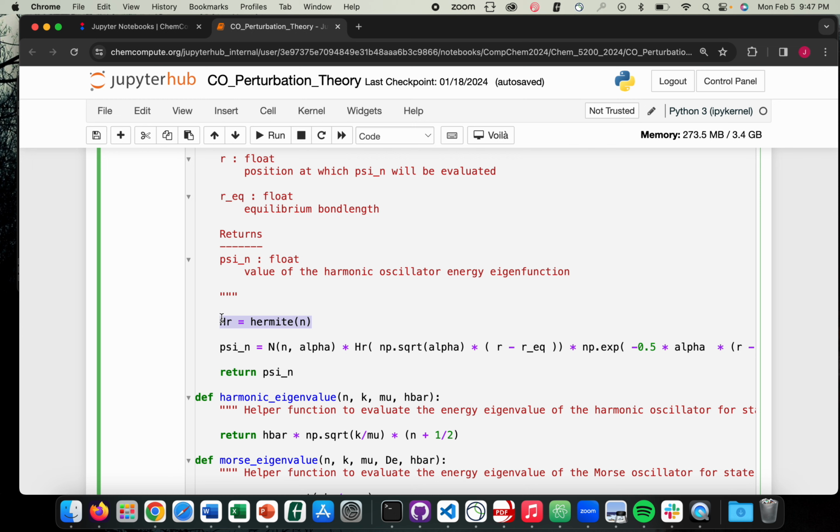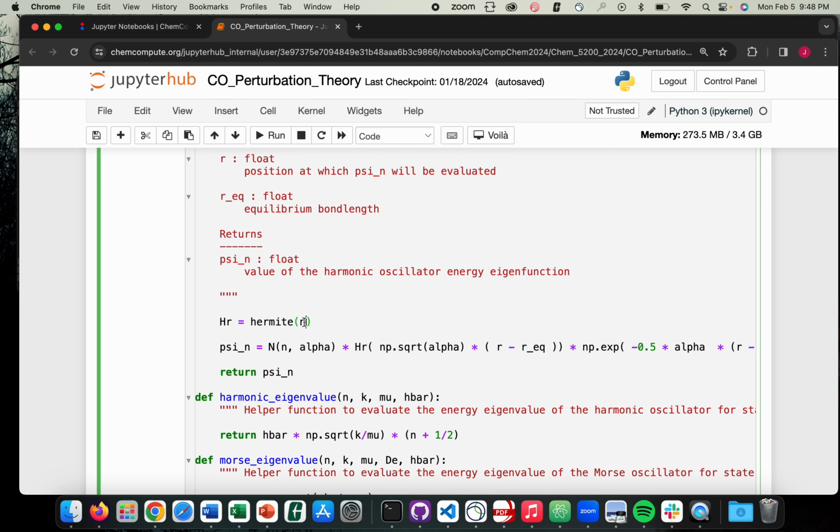We're going to get the Hermite polynomial at order n as this object here. And this object is actually going to be callable. So this is a funny little library in SciPy where you're going to return a callable function, which is going to be defined as the Hermite polynomial of some order.